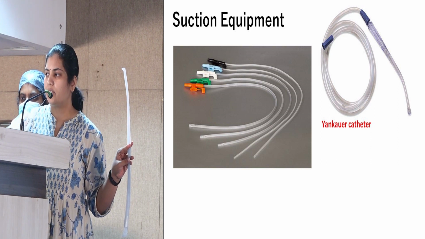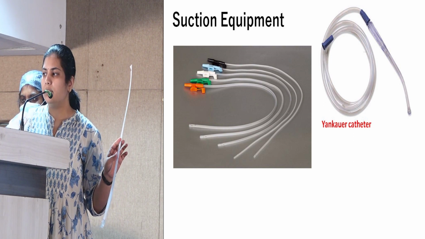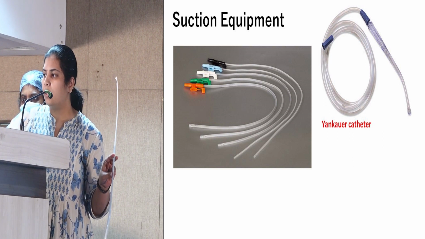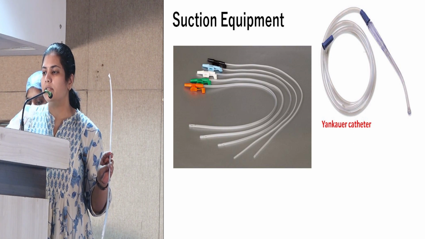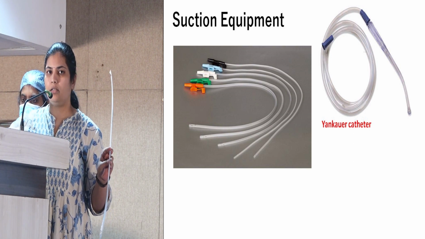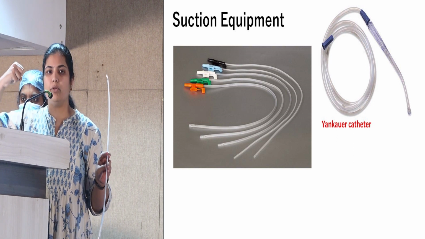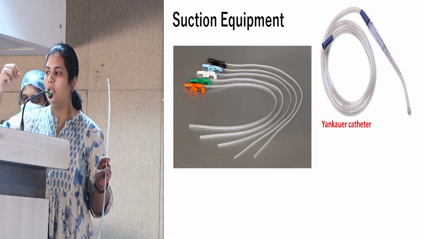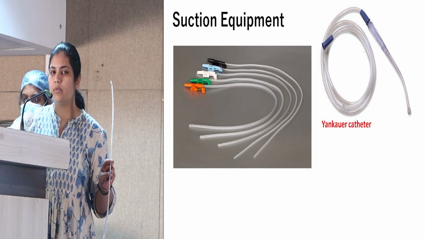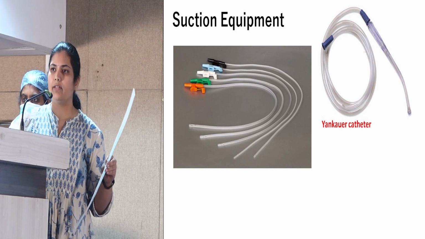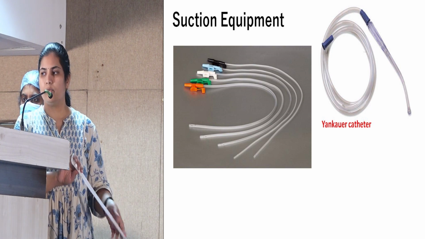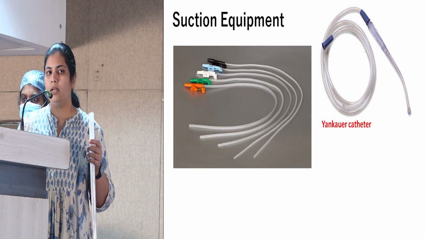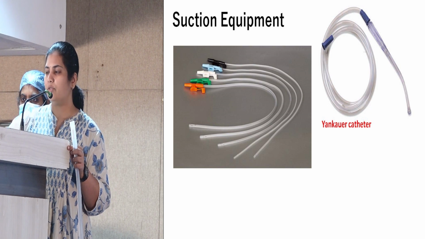And the Yankauer suction catheter is nowadays used mostly because it has a smooth tip, whereas the other suction catheter can suck in the mucosa also and damage the mucosa. That's why Yankauer suction is nowadays used, unless you have to pass the catheter deeper into the pharynx to do suction.